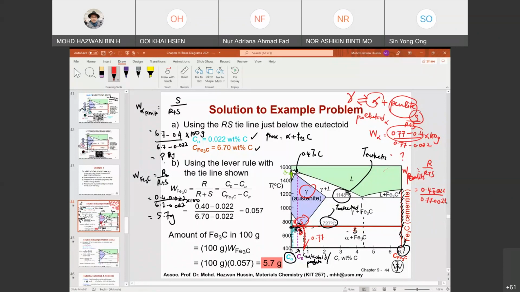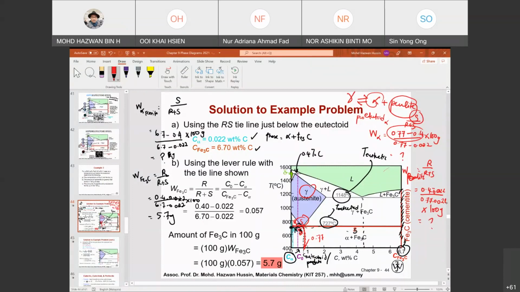Very good. This is actually the fraction. If you want to calculate the mass, 0.545, then you multiply with 100, 100 grams. So you get the answer.